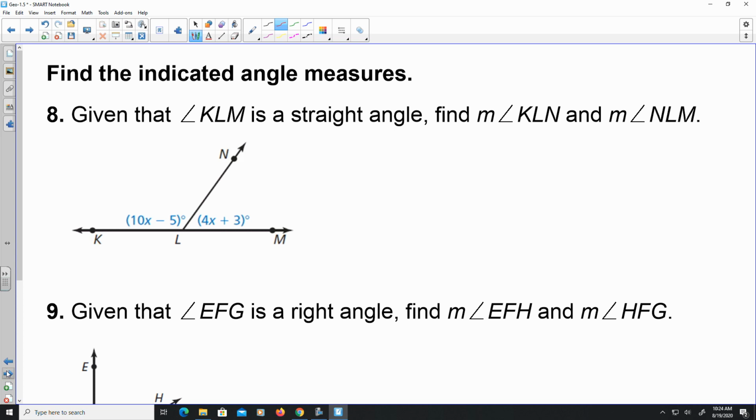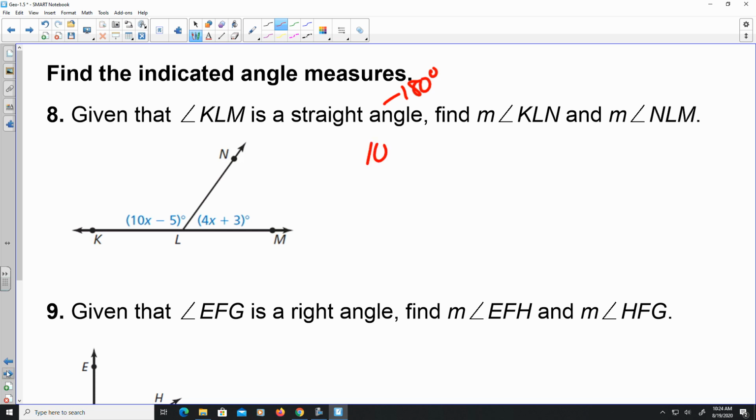All right, so here it says given that angle KLM is a straight angle, so that indicates that it is 180 degrees. They want us to find KLN and NLM. Same idea: you're going to use the angle addition postulate.